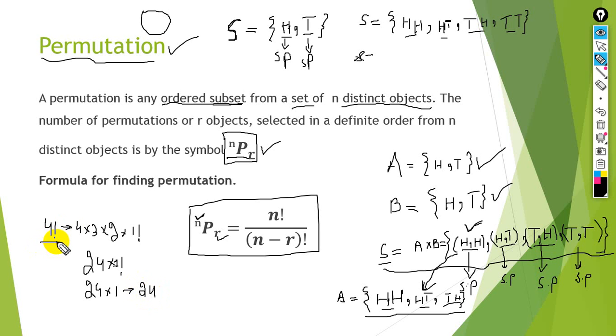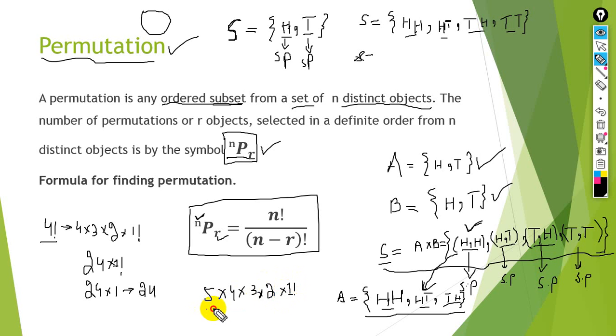If you want to find 5 factorial, multiply the lesser numbers from 5 with 5, just like this: 5 multiplied by 4 multiplied by 3 multiplied by 2 multiplied by 1 factorial. At last we will have 1 factorial, which is equal to 1.